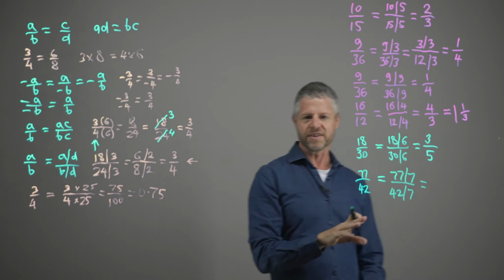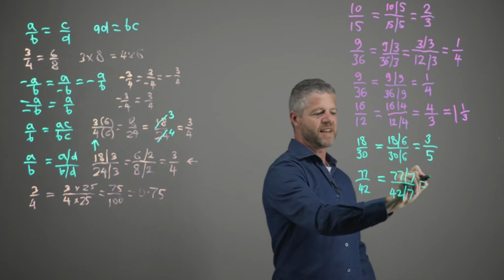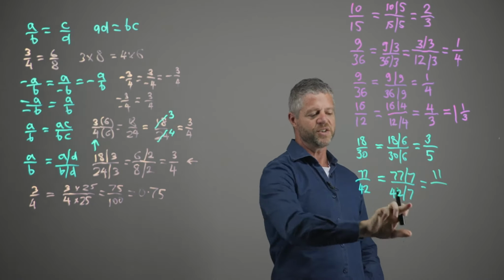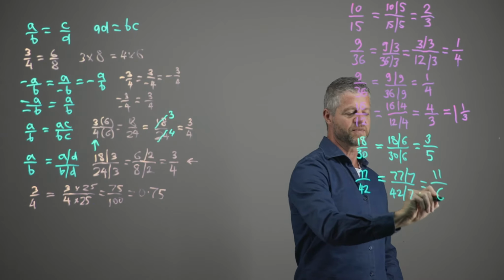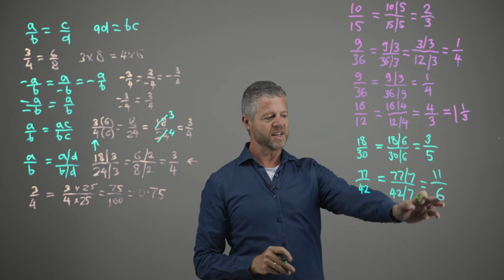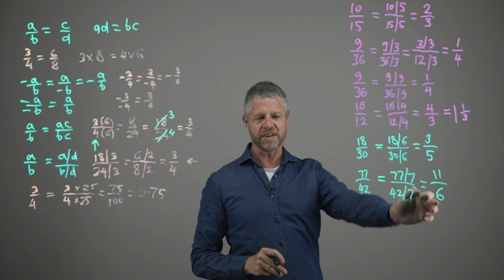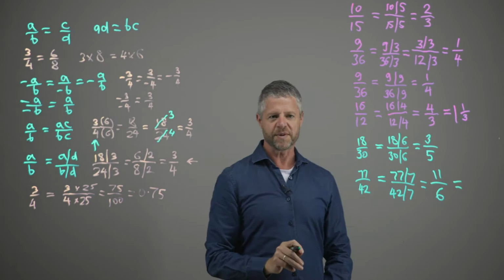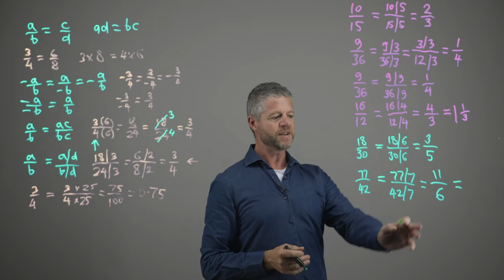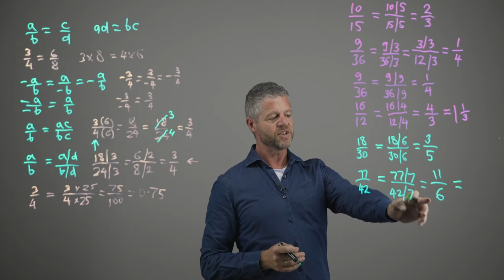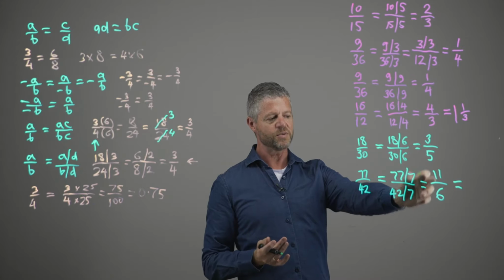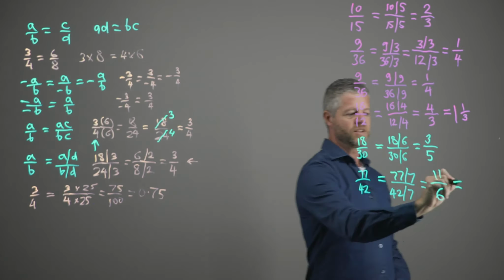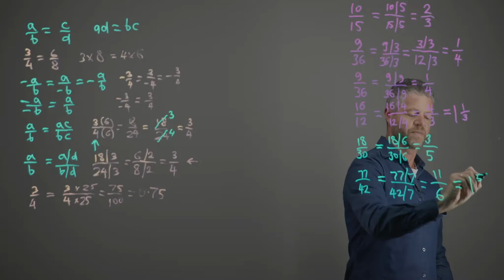So 77 divided by 7 is 11, and 42 divided by 7 is 6. This is an improper fraction. The numerator is greater than the denominator, so we might want to go one more step and express this as a mixed number. So we'll have 6 over 6 will be 1, and then we'll have 5 over 6 left over, so 1 and 5/6.